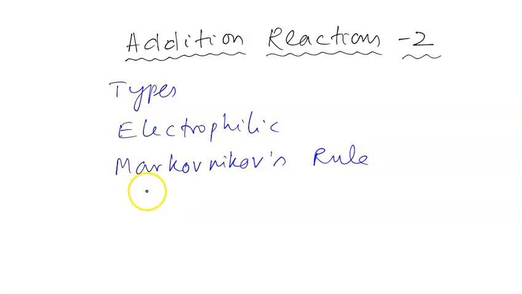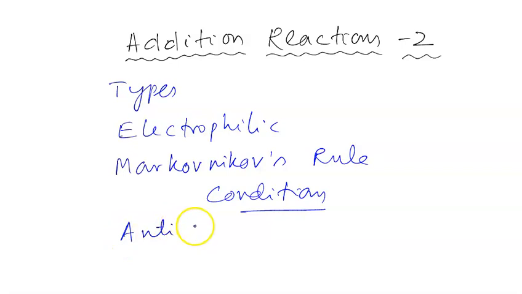Then we discussed the conditions or requirements for Markovnikov's addition, and some examples which are anti-Markovnikov. In some cases we also discussed how an unexpected product is formed, where there is carbocation rearrangement and ring expansion.